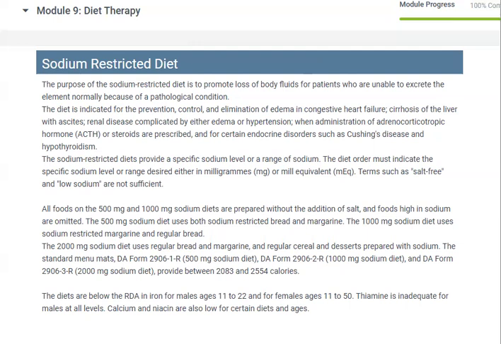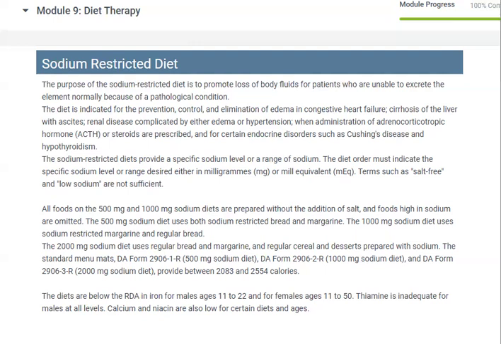The diet order must indicate the specific sodium level or range desired either in milligrams, mg, or milliequivalent. Terms such as salt-free and low sodium are not sufficient. All foods on the 500 mg and 1000 mg sodium diets are prepared without the addition of salt, and foods high in sodium are omitted.